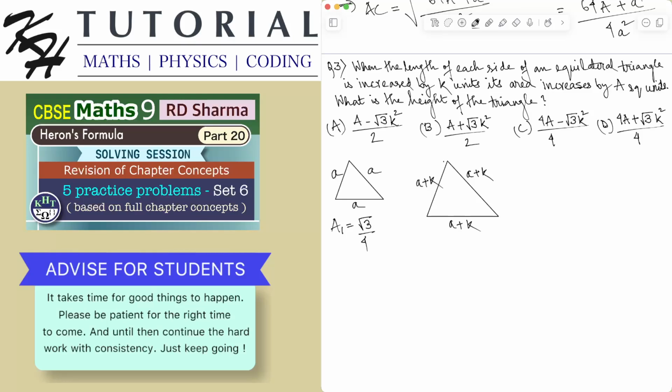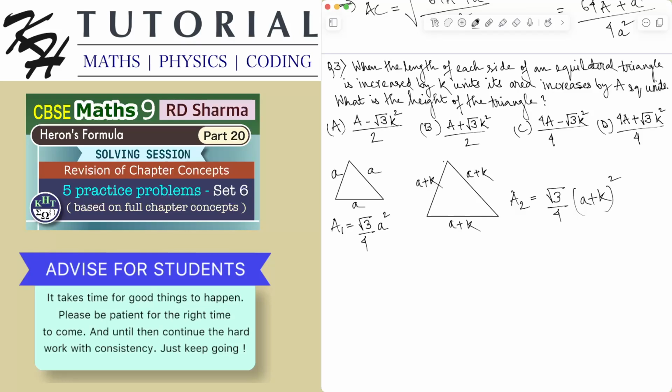Since this is an equilateral triangle, area is square root of 3 divided by 4 multiplied by side square. And what will be the area of the triangle once the length of each side has been increased by k units? This will be equal to square root of 3 by 4 (a plus k) square.